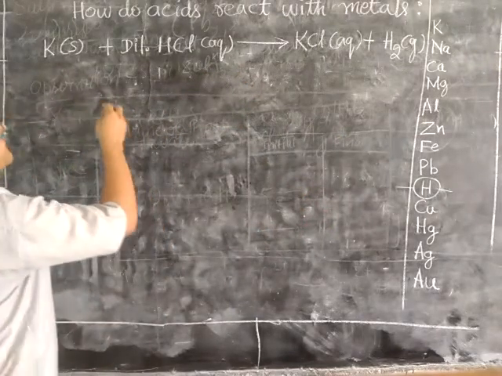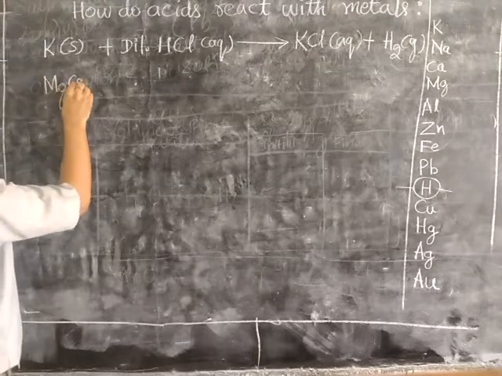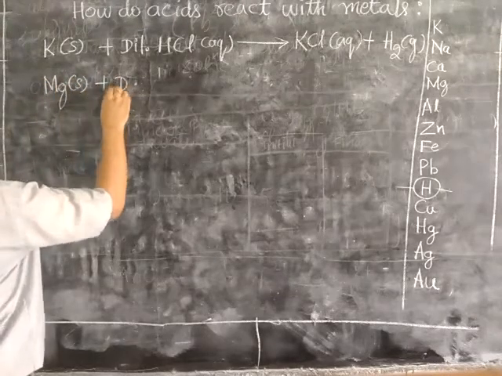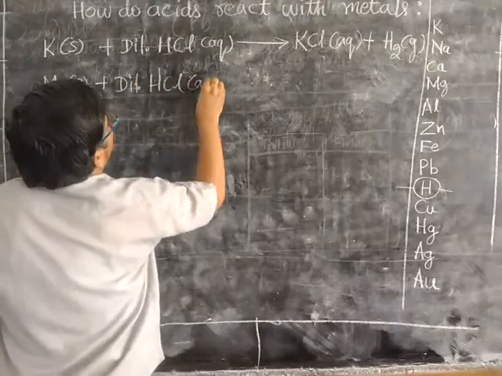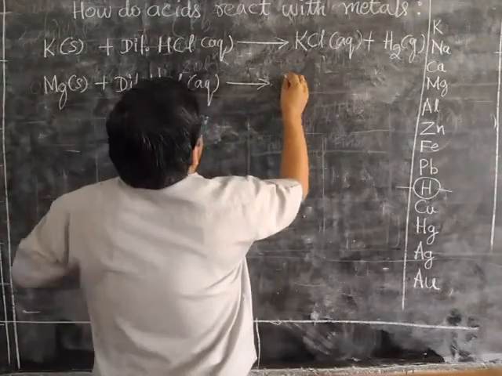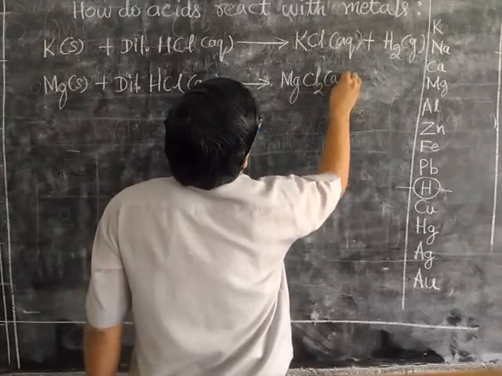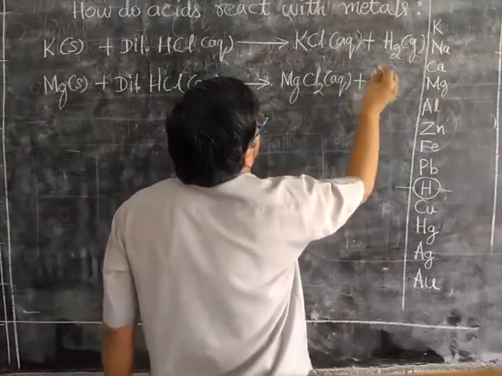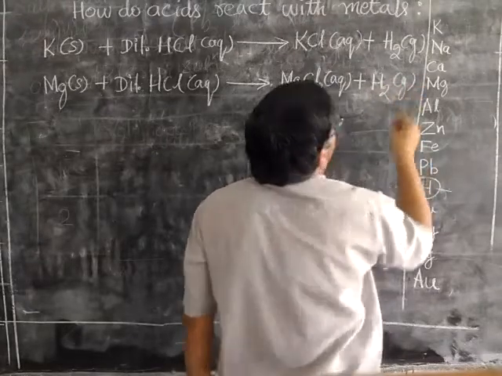Now let's see another example when magnesium is reacting. Let's take magnesium solid and it is again reacting with hydrochloric acid in aqueous medium and it will form its salt, MgCl2, water, and again hydrogen gas will be given out.